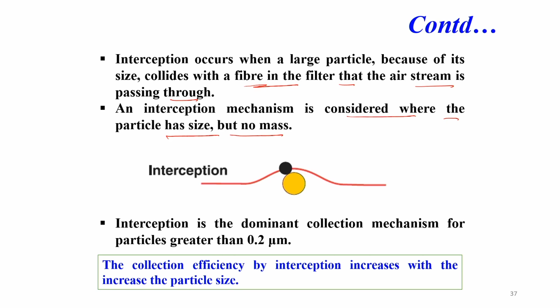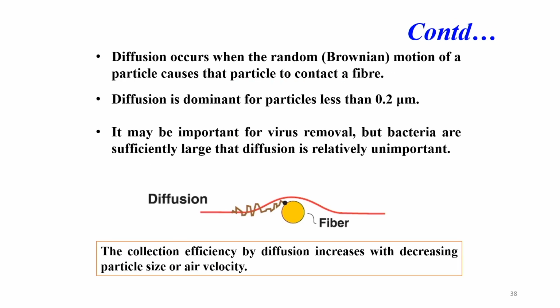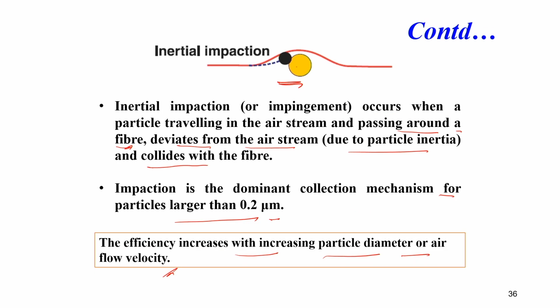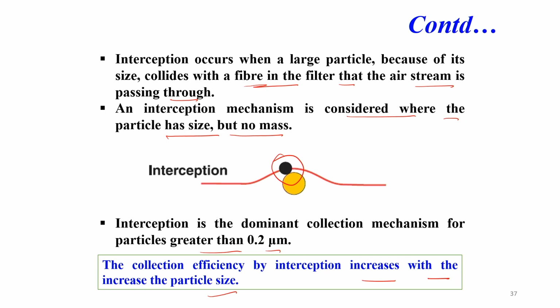It is purely intercepted because of the size. Interception is the dominant collection mechanism for particles greater than 0.2 micrometer, and as it is based on size, the collection efficiency by interception increases with increasing particle size. So, the first one was inertial impaction, and the second we have discussed is interception.